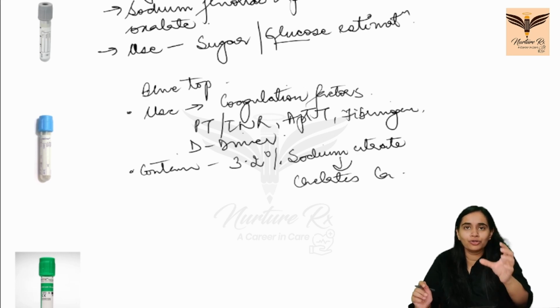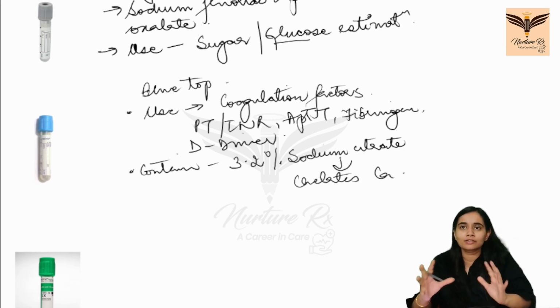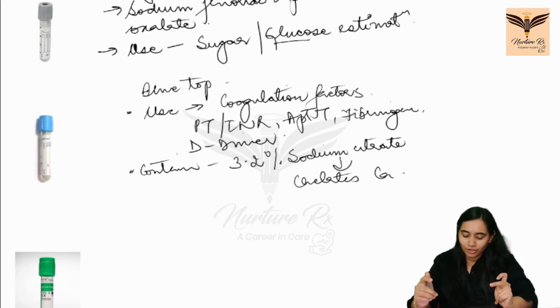So whatever amount of substances for coagulation were present at the time of collection will be preserved until the time of investigation. That is why this contains sodium citrate and it is used for coagulation studies.